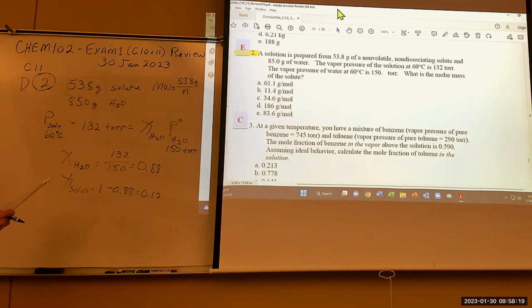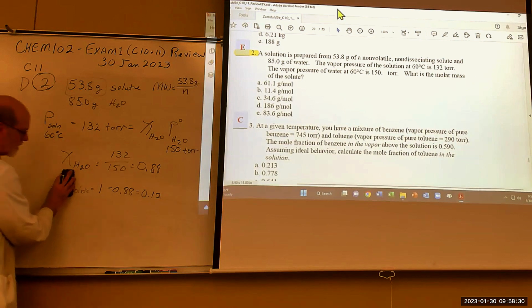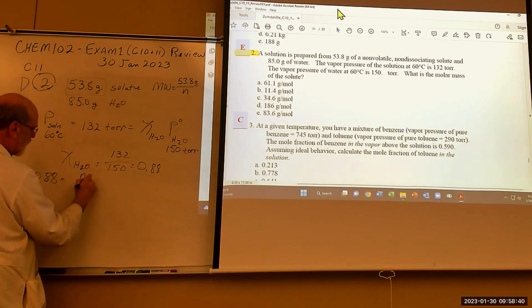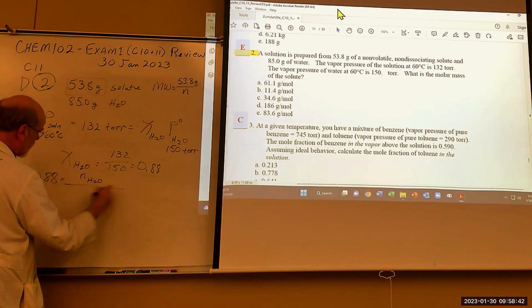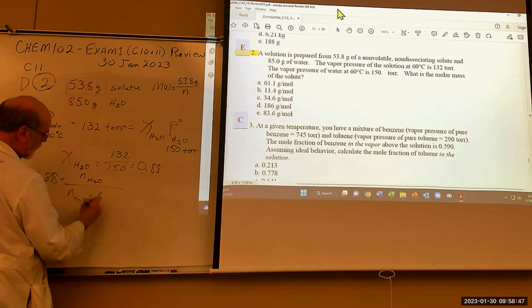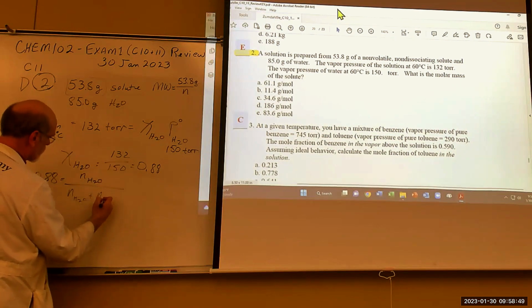Well, actually, I don't need to know that. I mean, it's true, but to work the problem, we're going to say, what is this equal to? Right? 0.88 mole fraction is the moles of water divided by the moles of water plus the moles of solute.